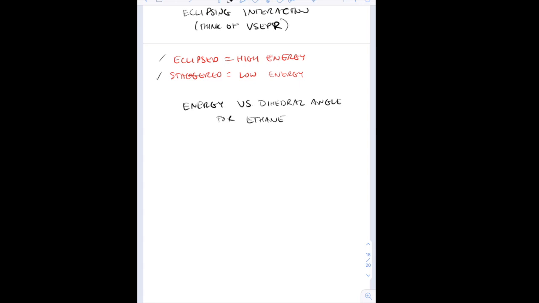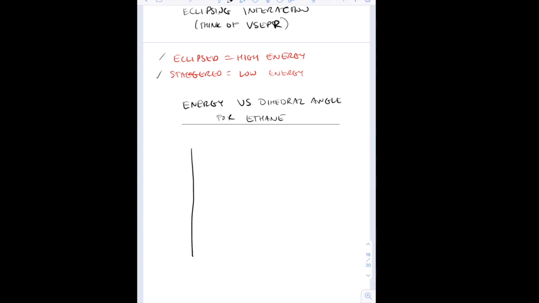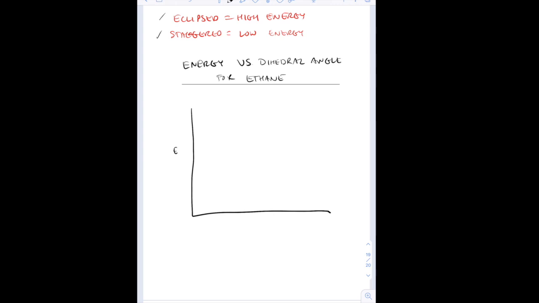Okay, so let's see what that's going to look like since it's an energy plot. So this is energy on the y-axis, and on the x-axis what we're going to have is 0 degrees, and then we're talking about rotating 60 degrees to get to a new energy state, and then 120 because that's another 60, and then we're going to keep going until the ethane has completely rotated about that carbon-carbon bond, and we reach 360 degrees.